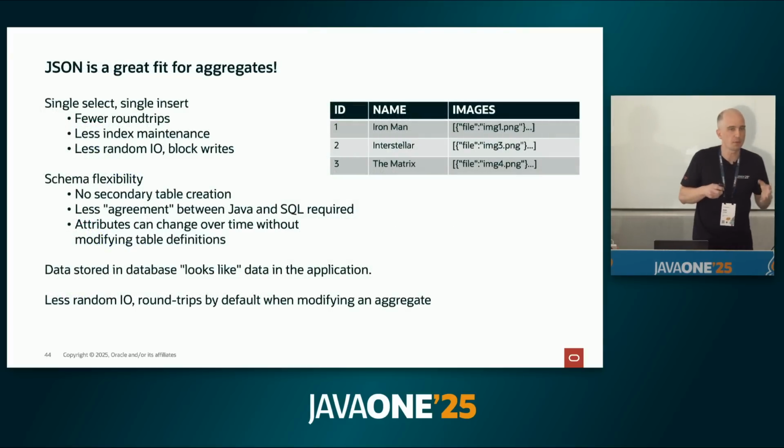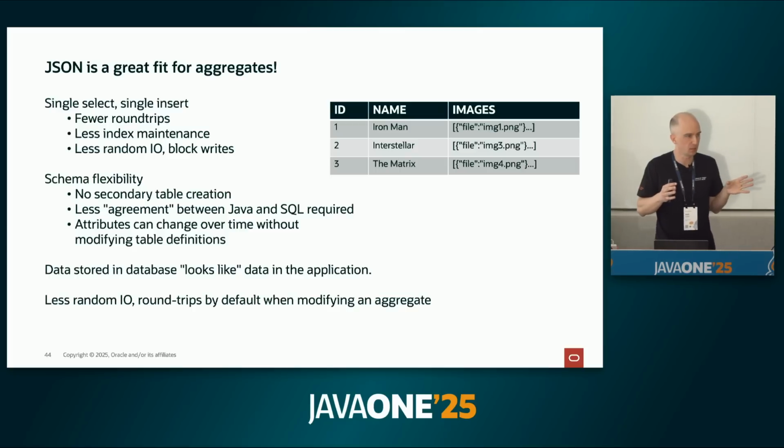So it turns out that using JSON to represent an aggregate is a really good fit. If you imagine you represent that movie and its images as a single JSON document, when it gets inserted, it's going to be a single block write. There's not going to be index maintenance. And when you read it, it's all going to come back at once, in a single block read.